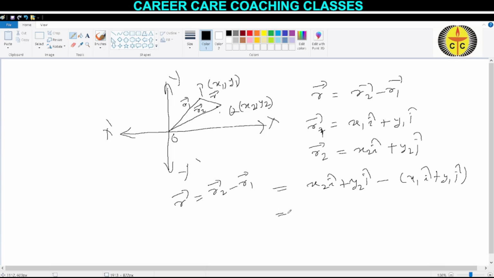This is equal to (x2 minus x1) i cap plus (y2 minus y1) j cap.